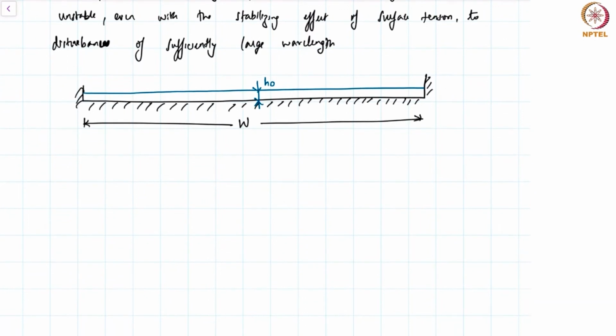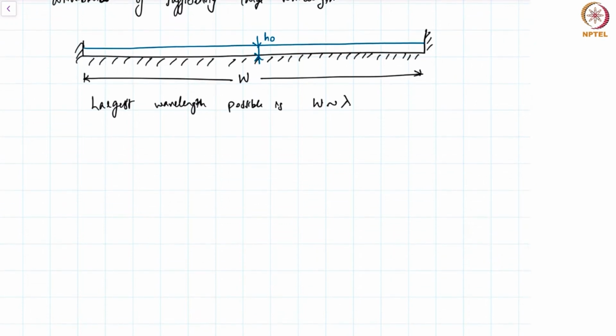Okay. So now I can essentially say, what is the largest wavelength that is possible? The largest wavelength possible is W goes like lambda. You cannot have a wavelength larger than the size of the container.